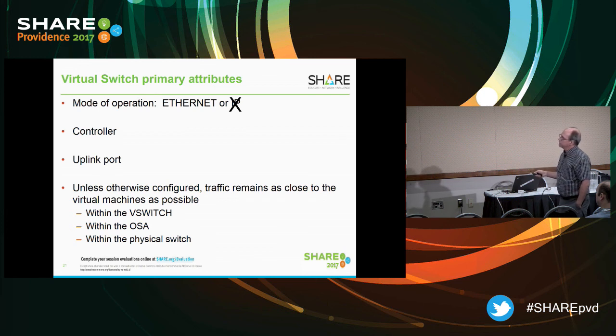Now the virtual switch can run in one of 2 ways. It can run based on what we've been talking about with Ethernet, where the virtual machines actually generate Ethernet frames and throw them on there. Or the virtual switch can operate in IP mode, where the guests don't have to generate Ethernet frames.